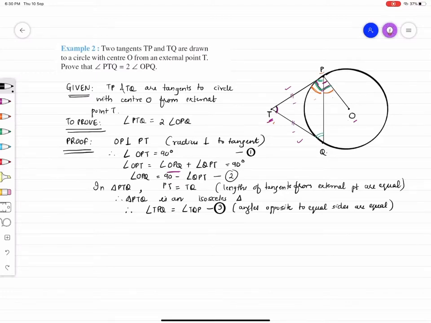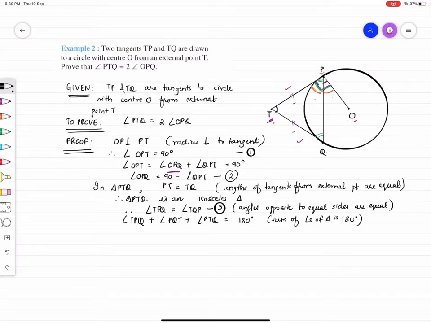So let's see that angle TPQ plus angle PQT plus angle PTQ is equal to 180 degrees. Sum of angles of a triangle is 180, or you can also say angle sum property.